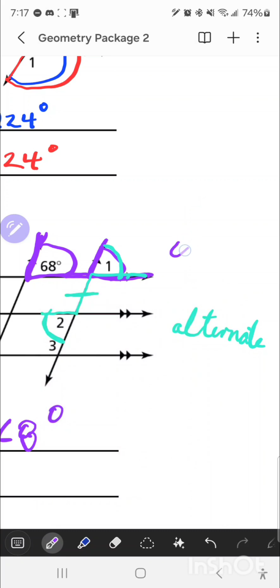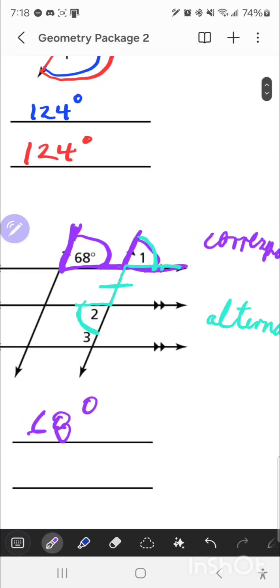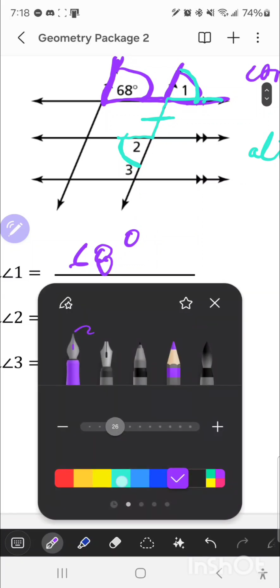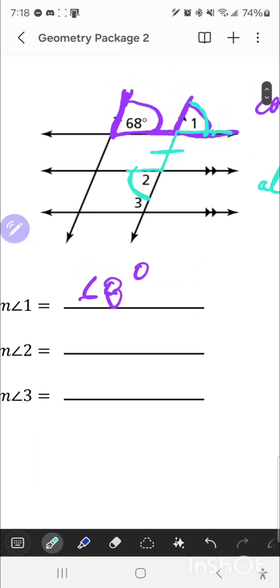And this right here was corresponding. Sorry about that. What I mean about alternate angles is that they are equal to each other. So the measure of angle 2 will also be 68 degrees.